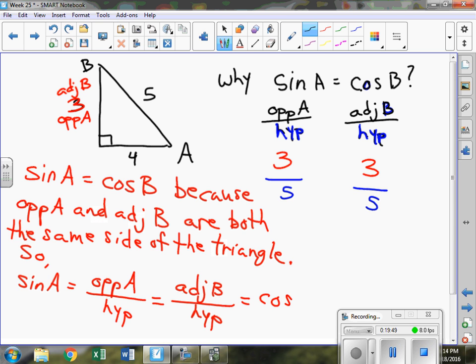And that's exactly what cosine of B is. The stuff we have in the red, here's our explanation. Why does it work? Because we're talking about the same side length in two different ways. That's it.